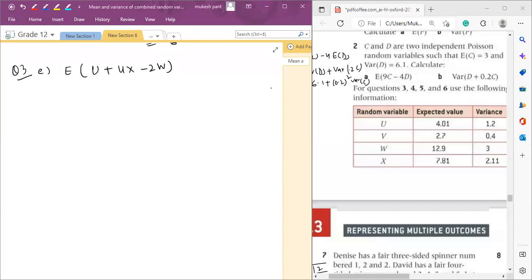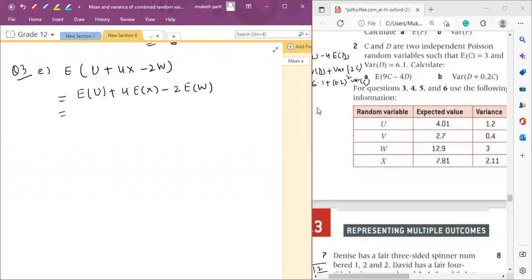So we have here three random variables, U, X and W. We have to combine their expected value, so we will use the formula. This will be the expected value of U, then 4 times the expected value of X, minus 2 times the expected value of W. Okay, and we will look at the addition table here.